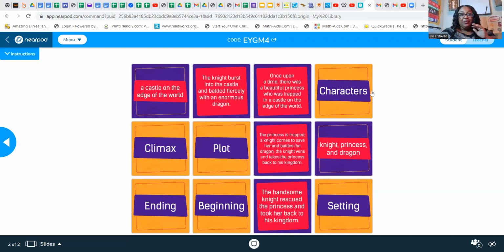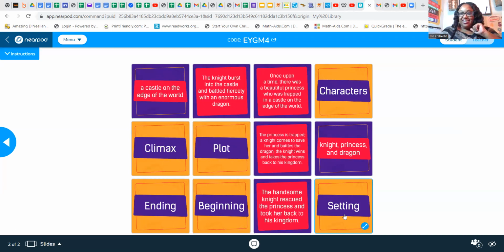Now, in the blue, we have characters, plot, climax, ending, beginning, and setting. All the words in red is the story, but we have to match it up to the character, plot, climax, ending, beginning, or setting.